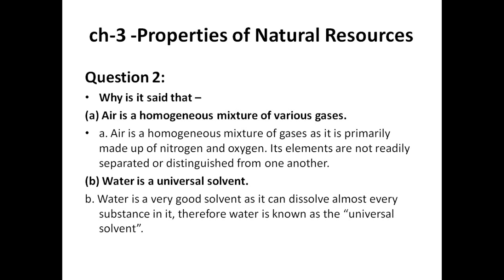Okay. So prominently air में क्या पाया जाता है? नाइट्रोजन और ऑक्सीजन सबसे ज़्यादा पाया जाता है. Then also, it doesn't mean that they are in high quantity at one place.